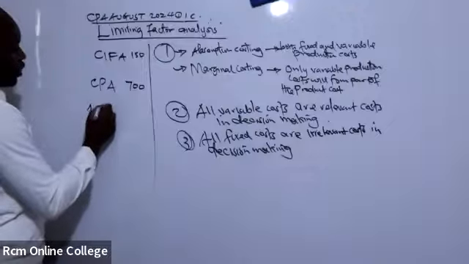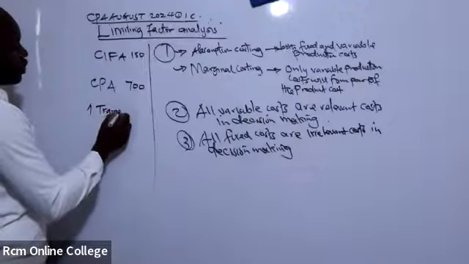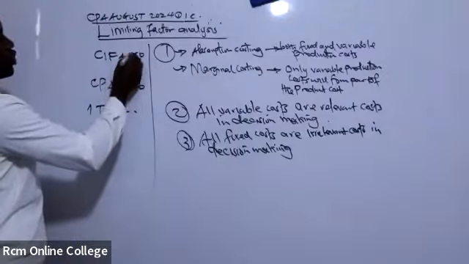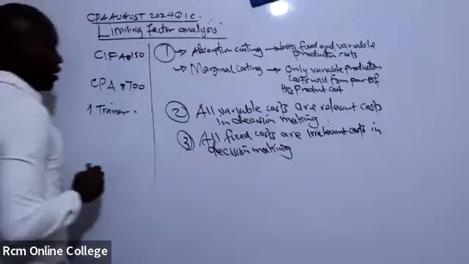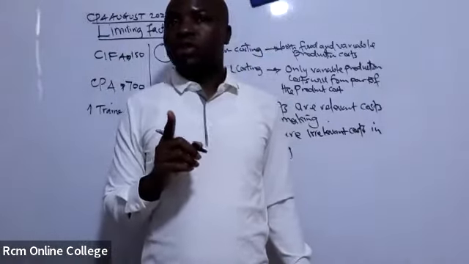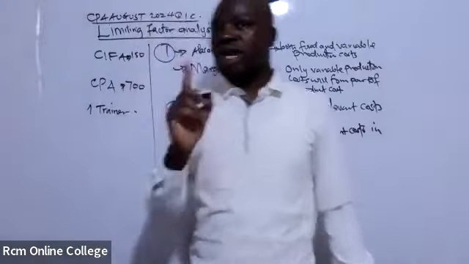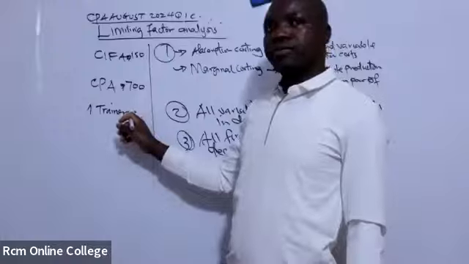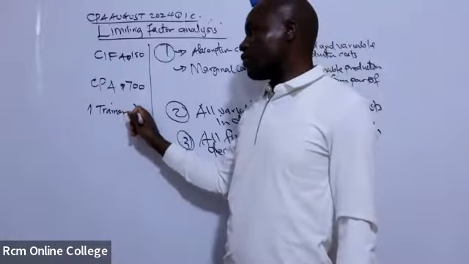So they have only one trainer who can teach this unit in CPA and also teach this unit in CM. And the trainer cannot do the 2 units at the same time. So it means this institution has got a limited resource. What is the limited resource? It is this trainer.